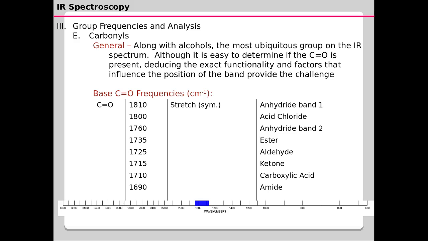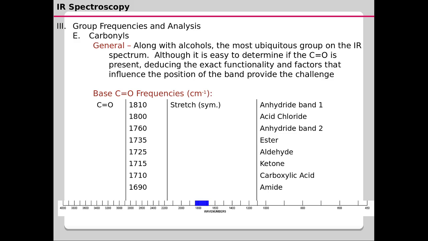And then we concluded by looking at the shapes of bands that come above 3000 centimeter inverse in an IR spectrum. And today we are going to start discussing the features of the vibrations of carbonyl functional groups.